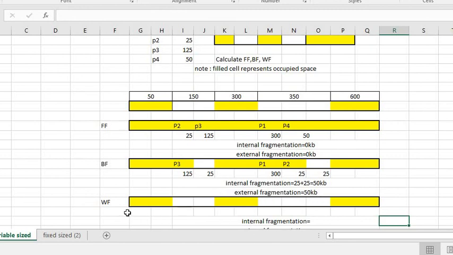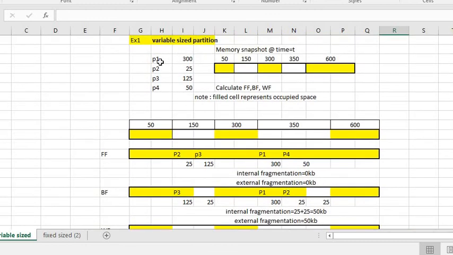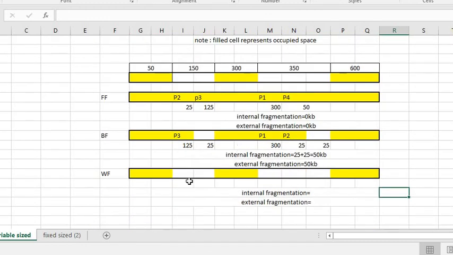So the next thing is the worst fit. The worst fit always tries to fit the largest hole for the process, so obviously an external fragmentation situation could occur. Now let us see the first process, 300. Out of 150 and 350, 350 is the largest hole.